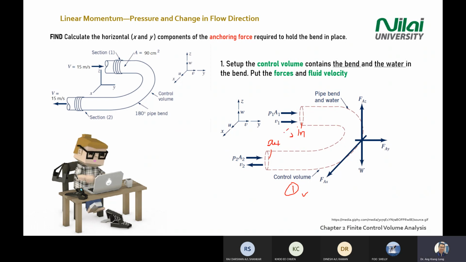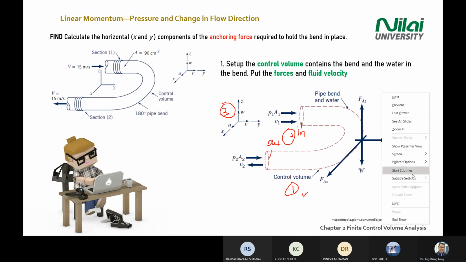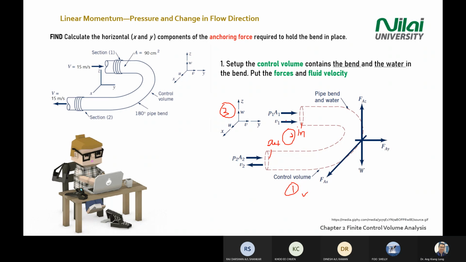Step number 2, 3, draw the axis. If you can, draw the axis. Then number 4, you put in the forces, or you can put in the velocity if you want. So number 4, you put in the velocity, V. Now why is the velocity V in this case?